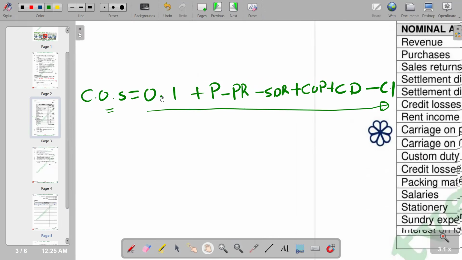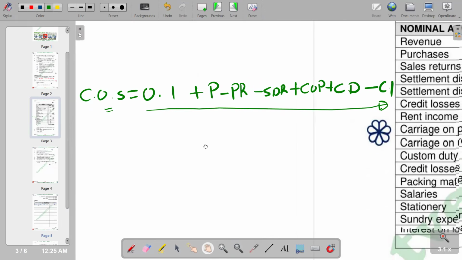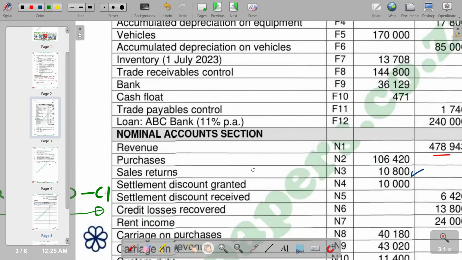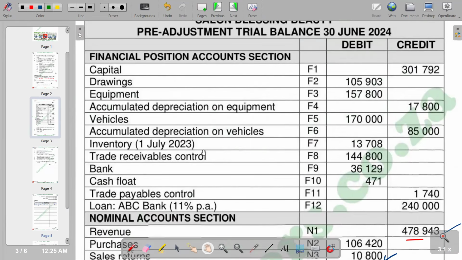So in this case, we are going to start with our opening inventory. Opening inventory is given in the list of balances in the trial balance, whereby we're given inventory 1 January 2023, which is at the beginning of the period, which is now 13,708.